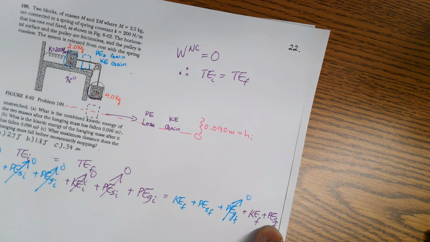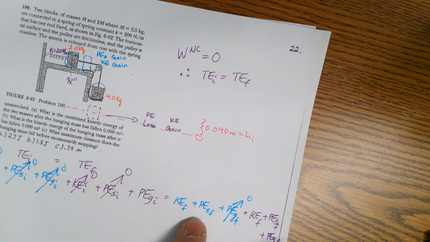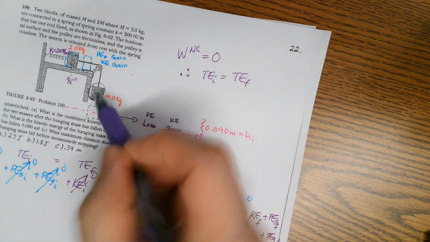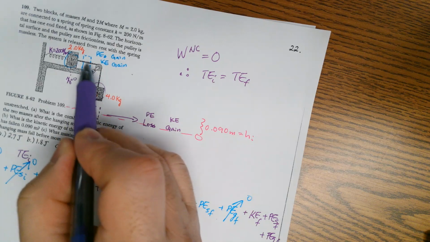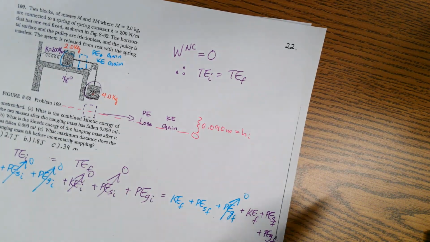What about potential energy of spring final? Do we have potential energy spring final? It definitely has potential energy spring final. Okay? Because, well, if I were to look at this by itself, we already have potential energy spring. But this is not attached to a spring. Only this is. Okay? So what's going on with this?